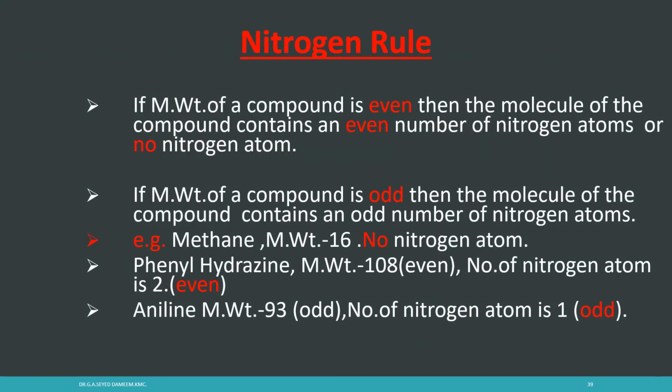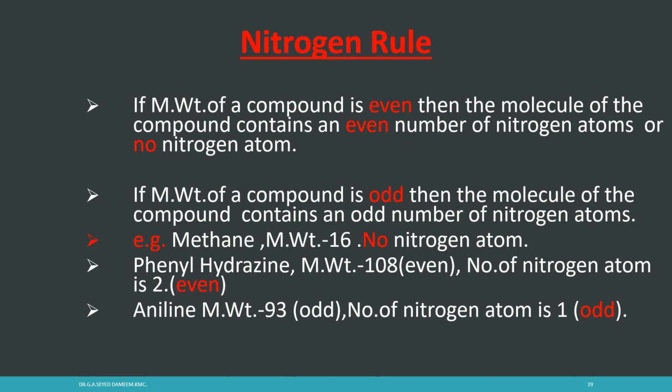Next topic is the nitrogen rule. This rule gives a clue to determine the number of nitrogen atoms in the molecular formula. I have already told about the nitrogen rule during problem number 2 in this presentation.